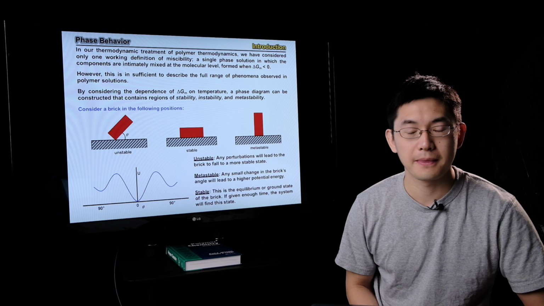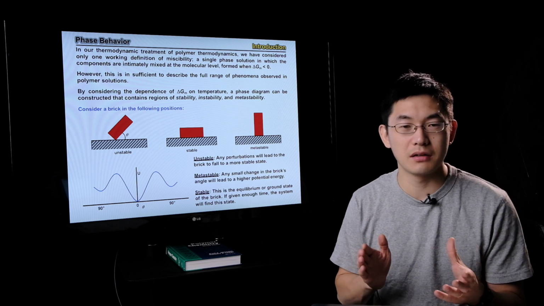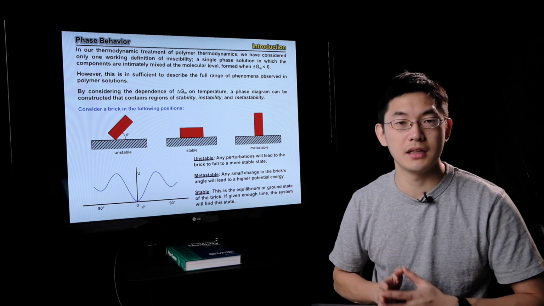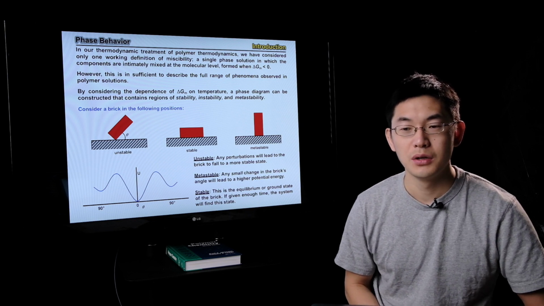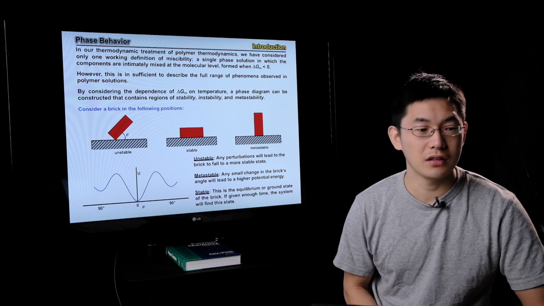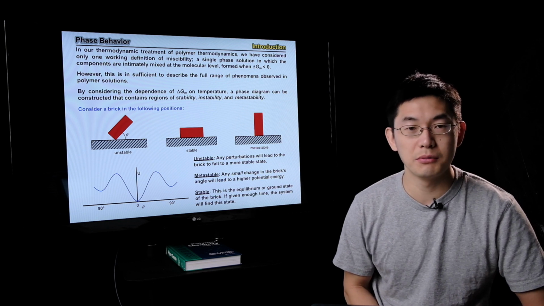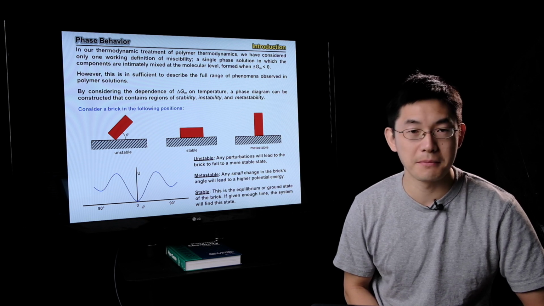So the answer is quite simple. It's going to be mixed or not mixed. And in today's lecture, we're going to talk in more detail about it. If it's mixed, that's good, then you're going to have a homogeneous solution with the polymer dissolving. If it does not mix, what's going to happen?